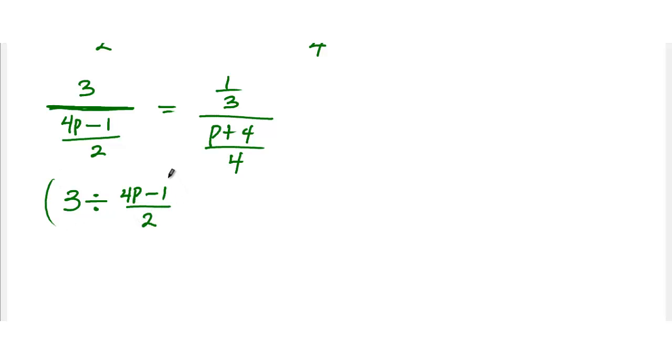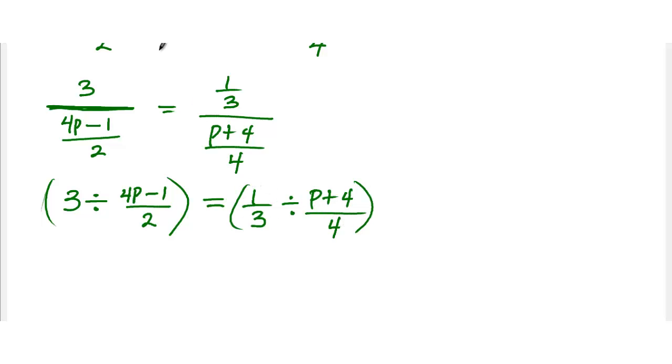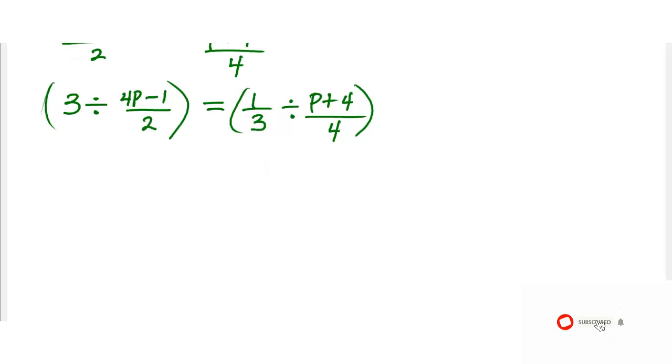So you put it in bracket. Please, that's very important. Then this one is also equal to 1 over 3 divided by P plus 4 over 4. Okay, that's another important aspect, and I think we are good to go now.